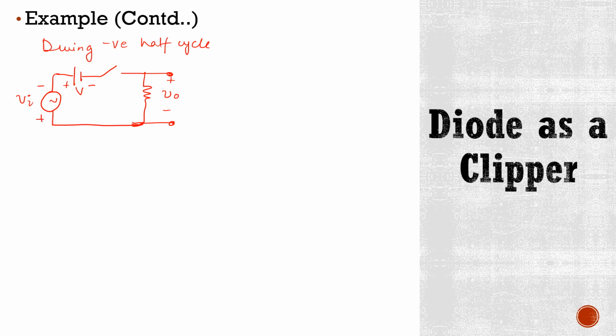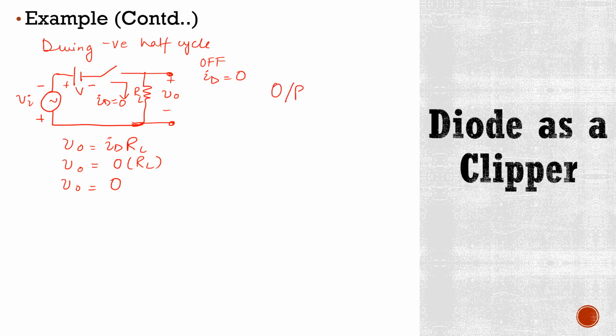And we know that when diode is off, then there is no current flowing through this diode. It means here ID is 0. So what would be our output voltage here? We know that V naught is equal to ID RL because this is RL, and here ID is 0. So it means our output voltage will be 0.